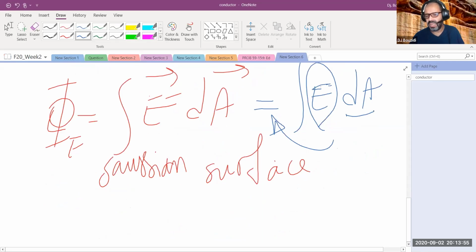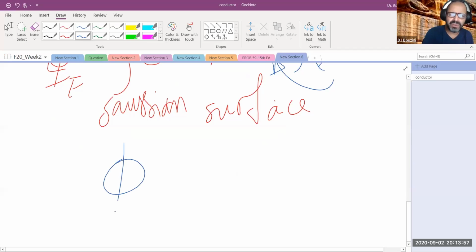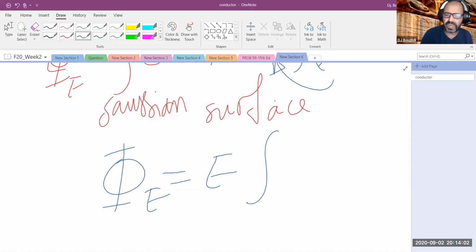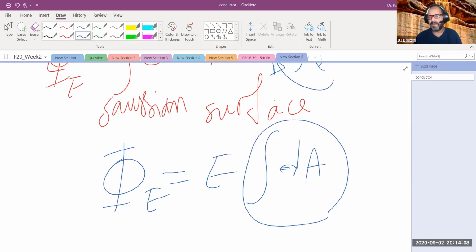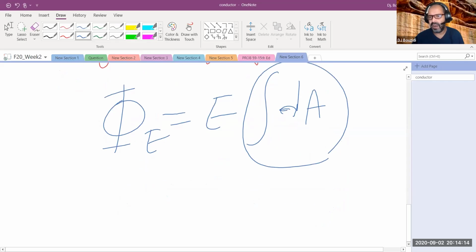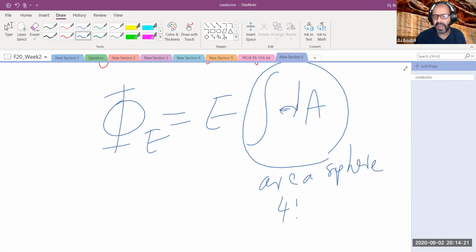So the only thing left in terms of finding the flux of the electric field is simply E outside of the integral times the integral of dA. So basically, this is just the surface itself. How big is the surface of this sphere? If we consult the books, the area of a sphere is 4 pi r squared. So we actually did not even have to do this integral.